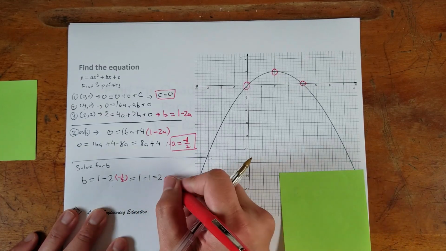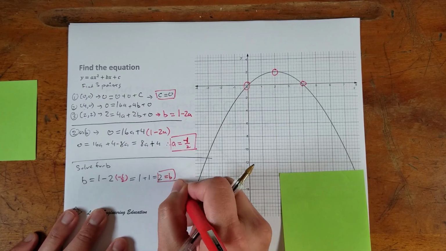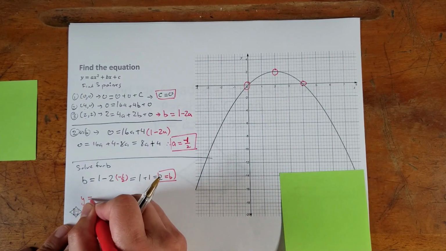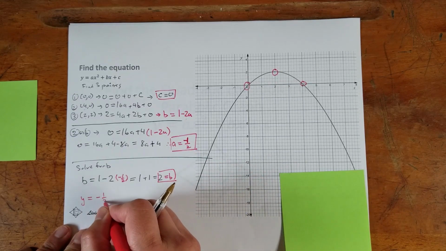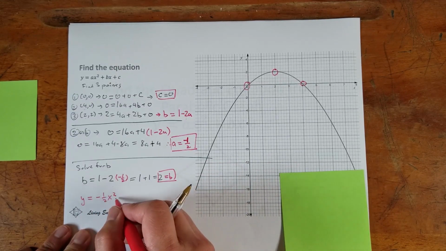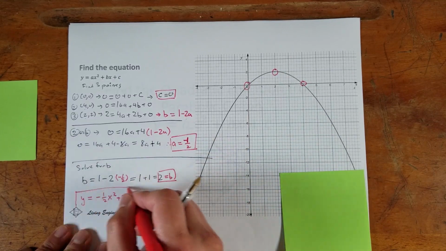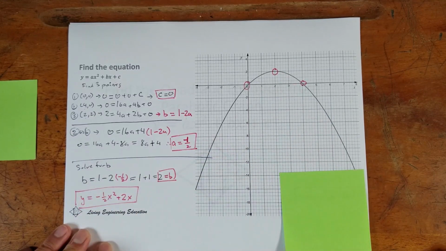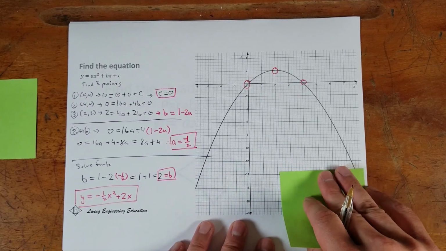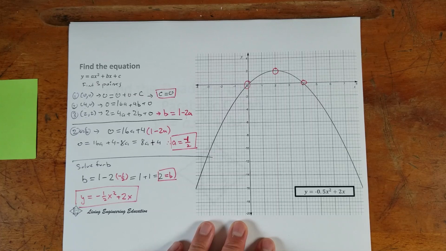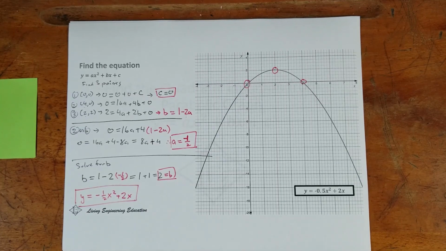All right, so this is my b term here. All right, so now I can plug those back into my quadratic equation. Y is equal to a, negative 1/2 x squared, plus bx, 2x, plus c, and c is equal to 0. So that's what I think we should get. Let's see if we solve this one correctly. Negative 1/2 x squared plus 2x. Excellent. Let's take a look at our second problem.